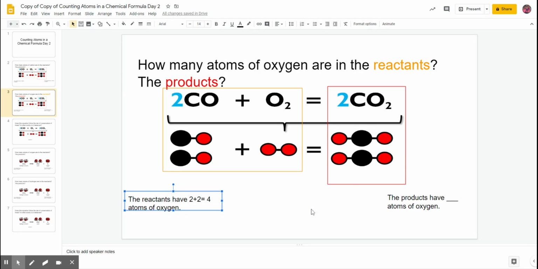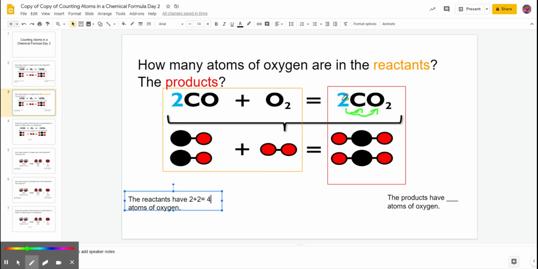On the product side, I see that there are 2 CO2, 2 carbon dioxide. So I've got a coefficient of 2, and I'm looking for oxygen. So I need to take my coefficient and make sure it gets multiplied by both. Right now I'm focused on the oxygen, but it does need to get multiplied by both.